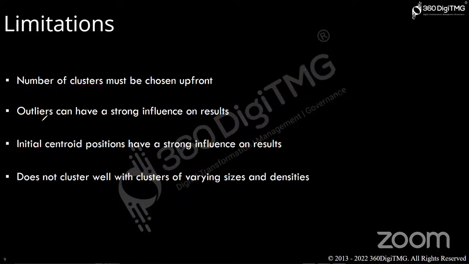Now, outliers. Outliers have a very strong influence on the results because we are finding the means or the centroid value. And as we know, centroid value or mean value is affected by outliers.